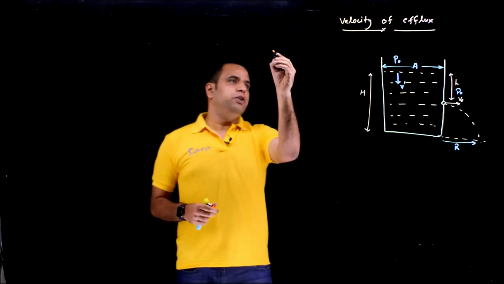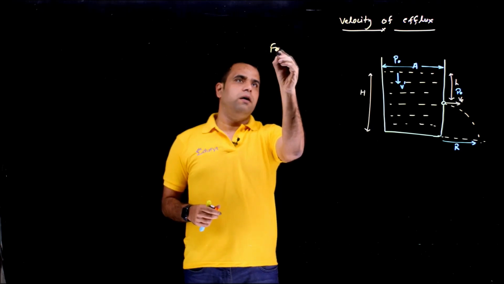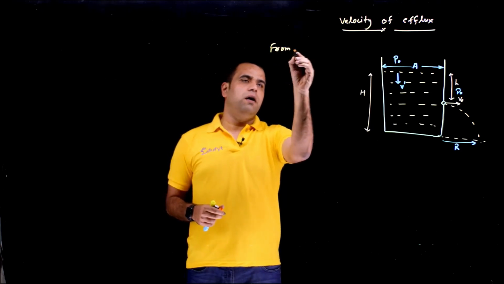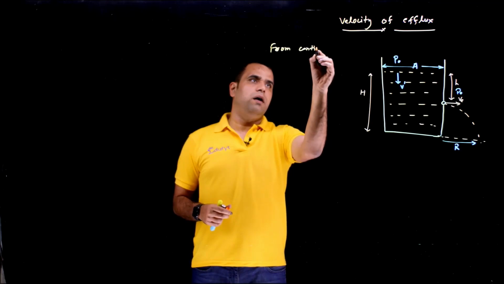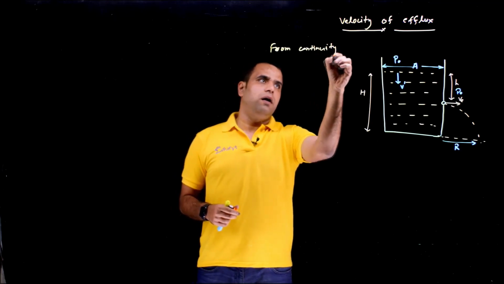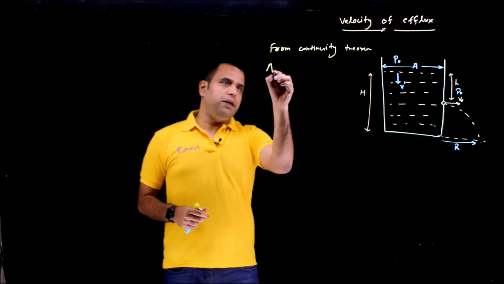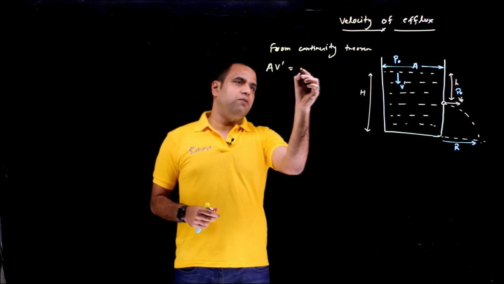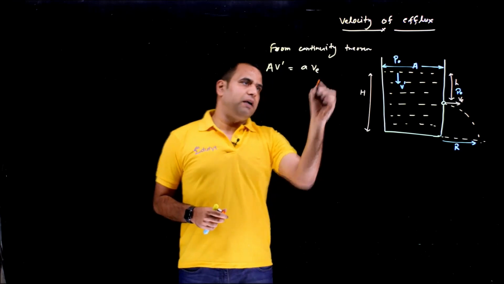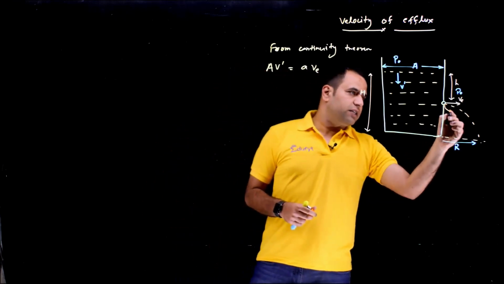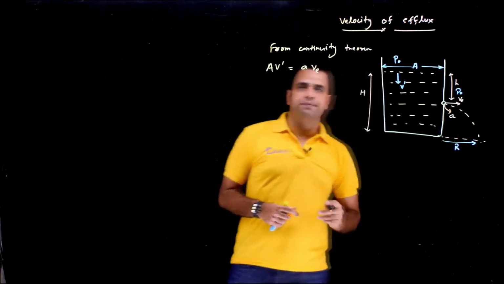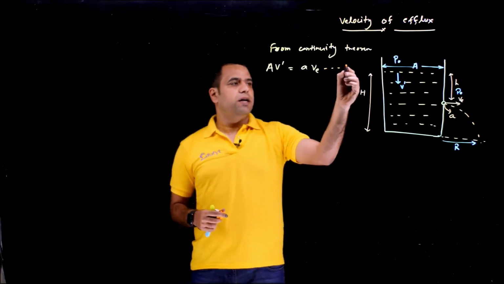So from the continuity theorem, capital A multiplied by V dash will be equal to small a multiplied by VE. Small a is the cross-section area of the hole. This will be our equation 1.